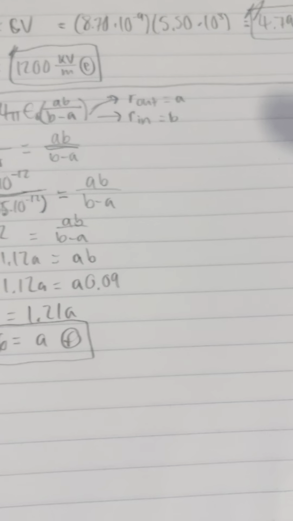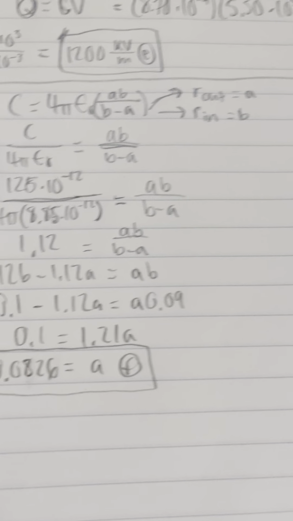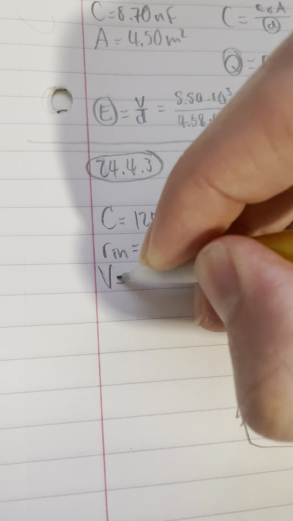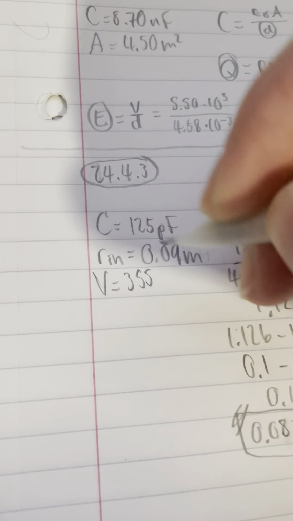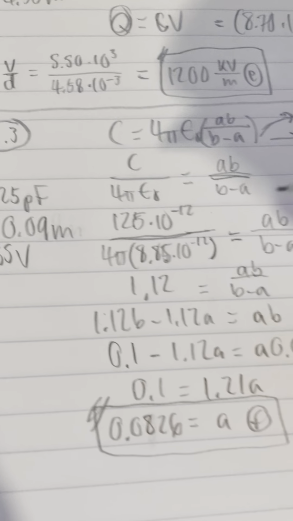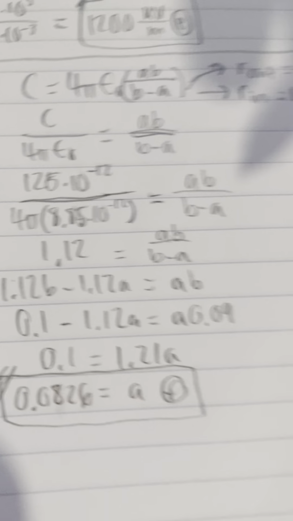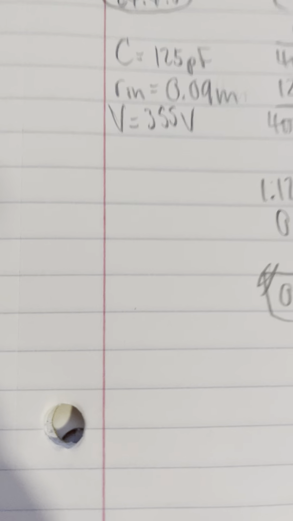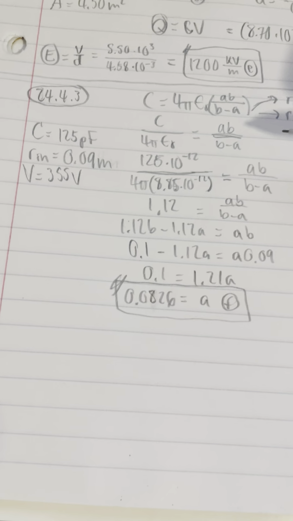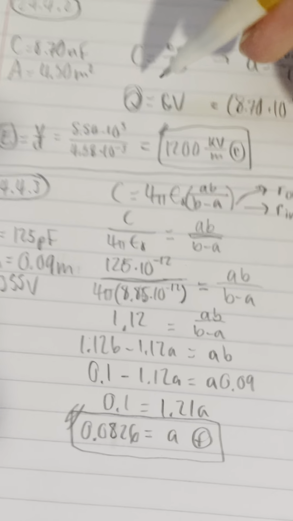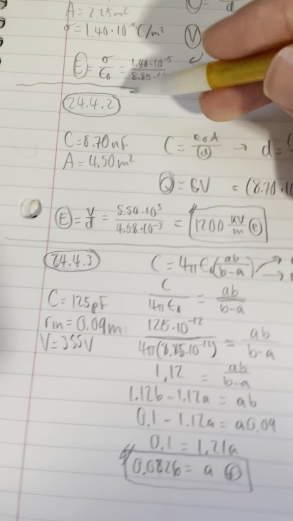It says if the potential of the inner shell is 355 volts higher than the potential of the outer shell, what is the capacitor charge? So we're looking for Q. We can just use the same equation we had used for question 2.